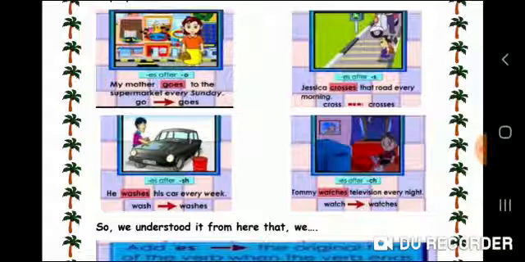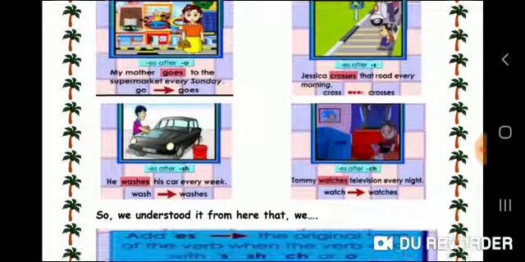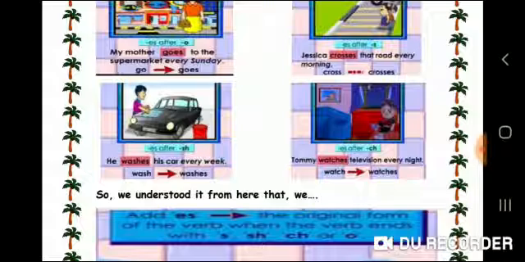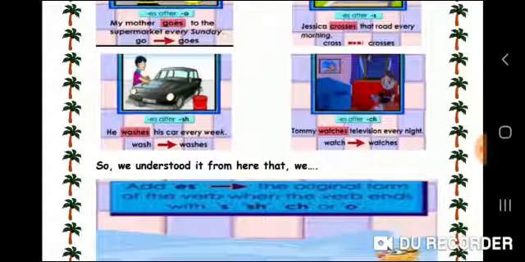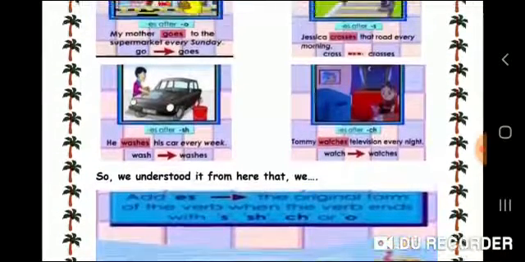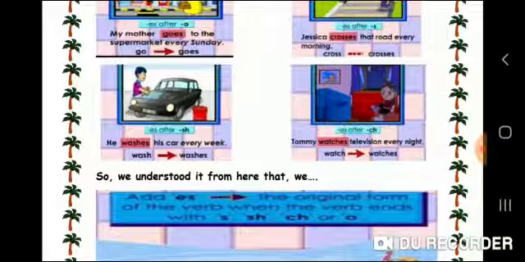Here it takes es because when the word ends with o, like go, we add es. When it ends with s, like cross, we add es. With wash, sh, we add es. And with watch, we add es, because all these words end with o, s, ch and sh. And now, where do we use ies and s? This is also a simple rule we learned while making singular nouns into plural forms.